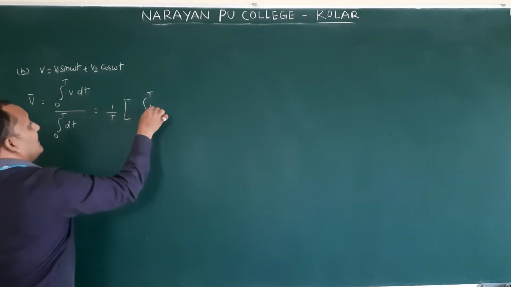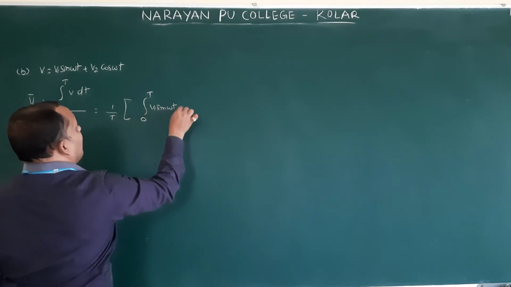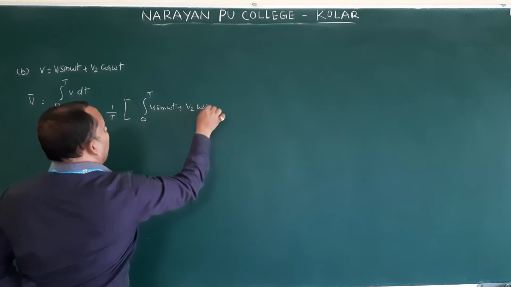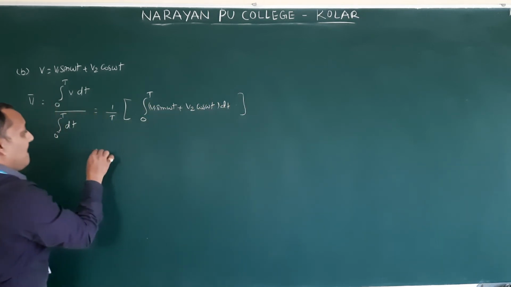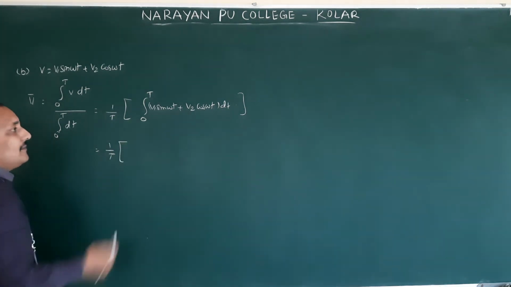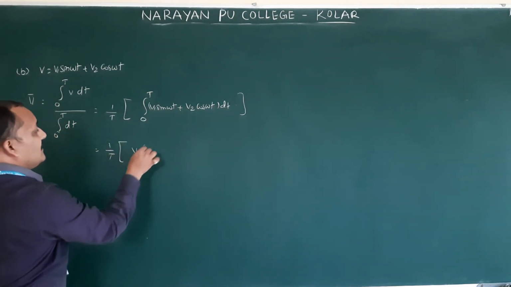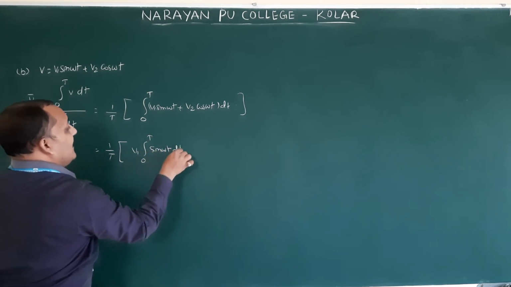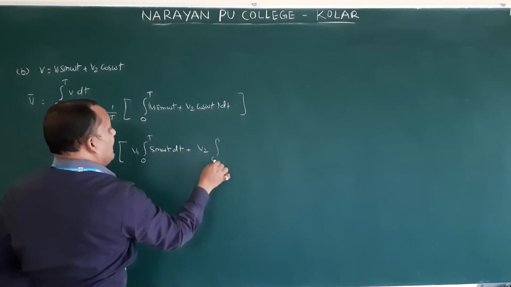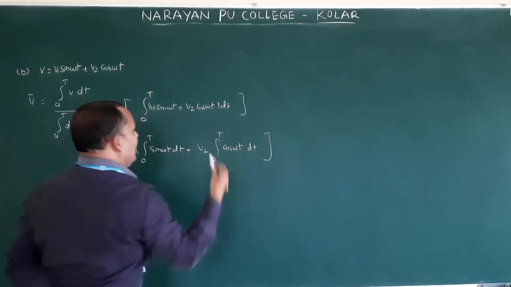V value, how much? V1 sin omega t plus V2 cos omega t dt, times 1 by t. V1 is constant: integral 0 to t of sin omega t dt, plus V2 integral 0 to t of cos omega t dt.